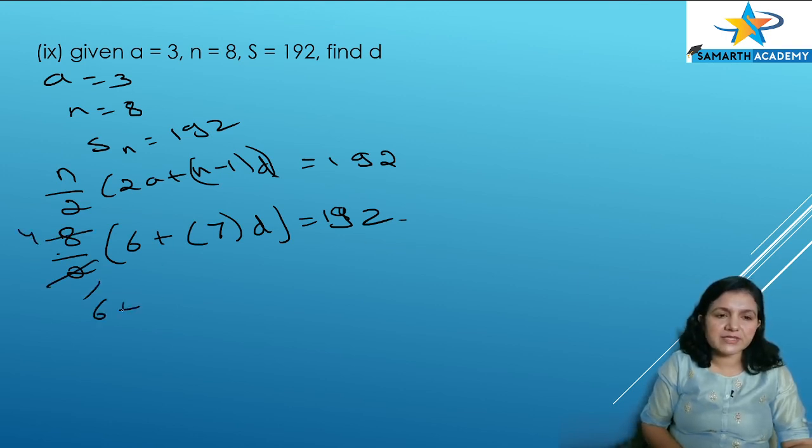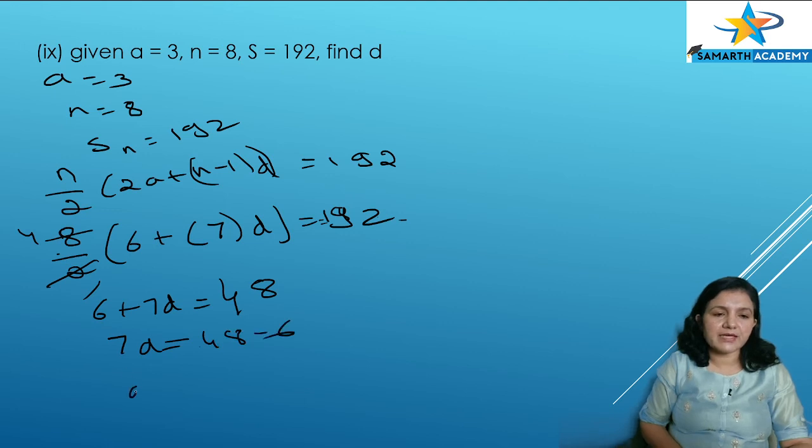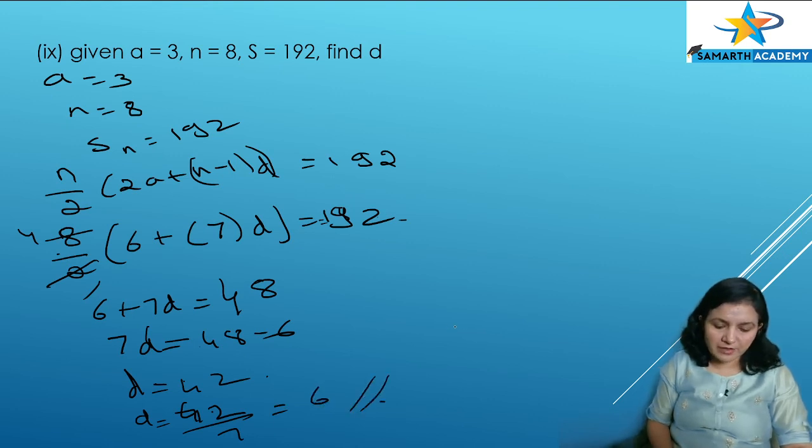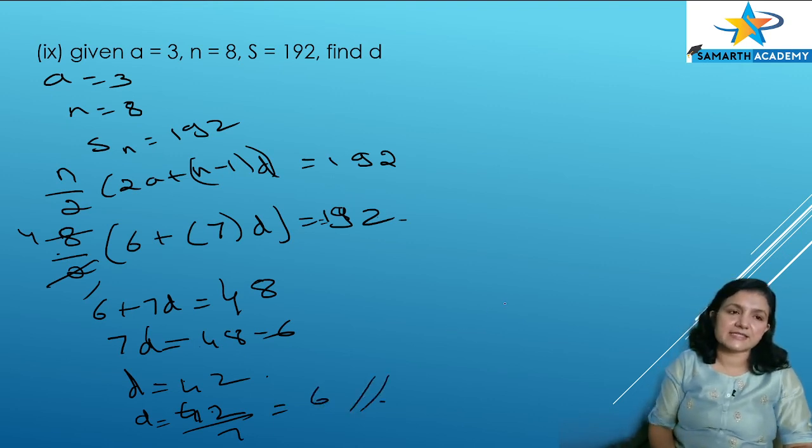So this becomes minus 16 plus 7d is equal to 48. So 7d equal to 48 plus 16. d is equal to 42 divided by 7, which is 6. Therefore, we got the value of d as 6.